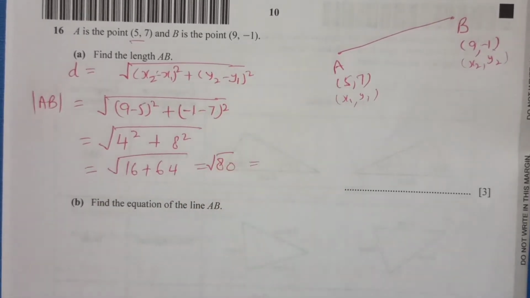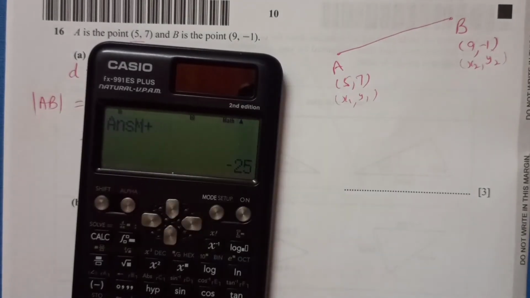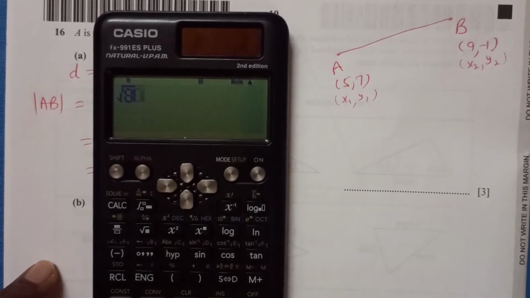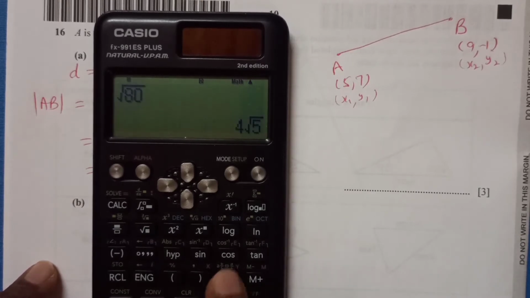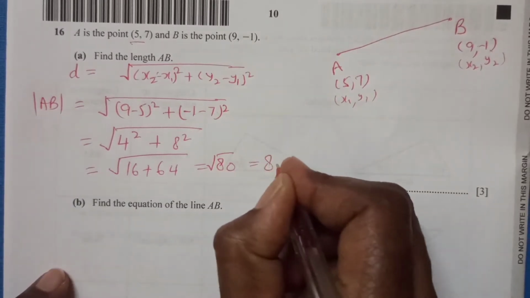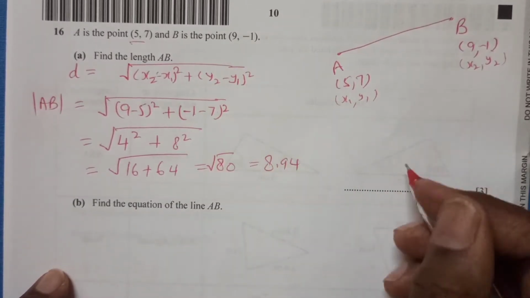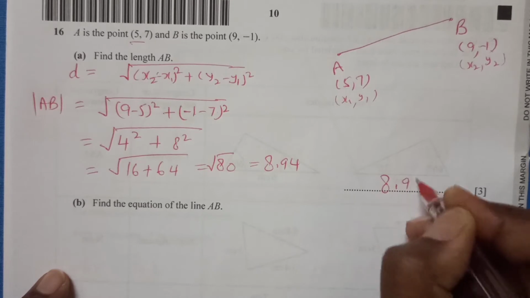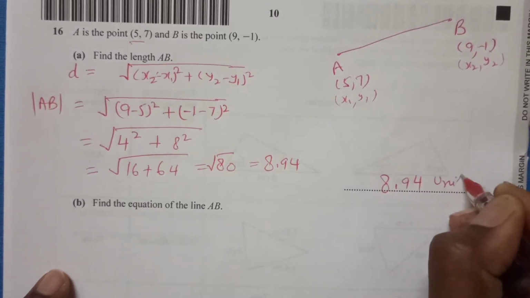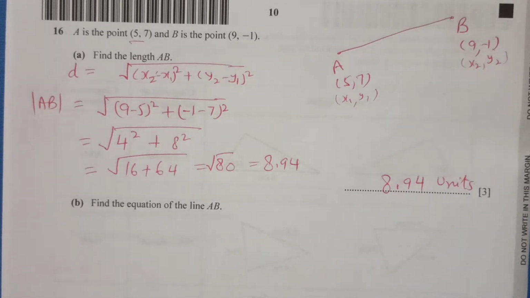So when we do the square root of that, square root of 80, this is 8.94. So 8.94, three significant figures. Remember to write down the answer in three significant figures. You're not given any units, so you can just write down units, right?